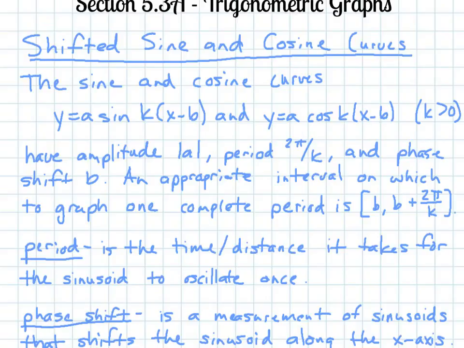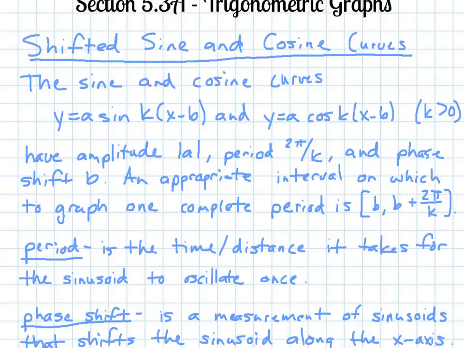Here we'll be talking about the stretching or the shrinking of the sine and cosine graphs horizontally. So that's where the period comes in. And then phase shift is the movement or the translation of your sine and cosine graph along the x-axis. Okay. So kind of like the opposite ones from the last video.